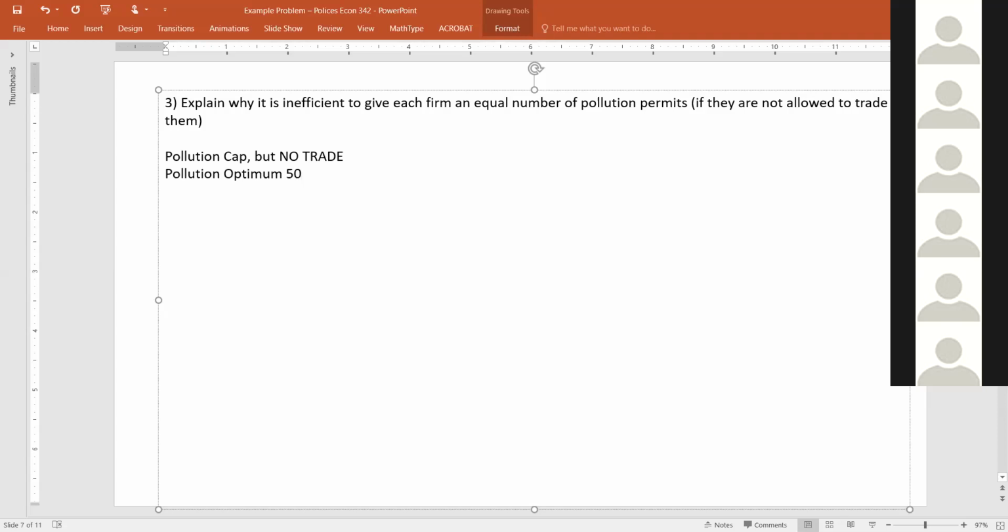So our optimal level of pollution is 50 units. All right. So if we gave each firm an equal number of pollution permits and they weren't allowed to trade, why would this be inefficient? We already solved for the pollution optimum: 50 units of pollution.